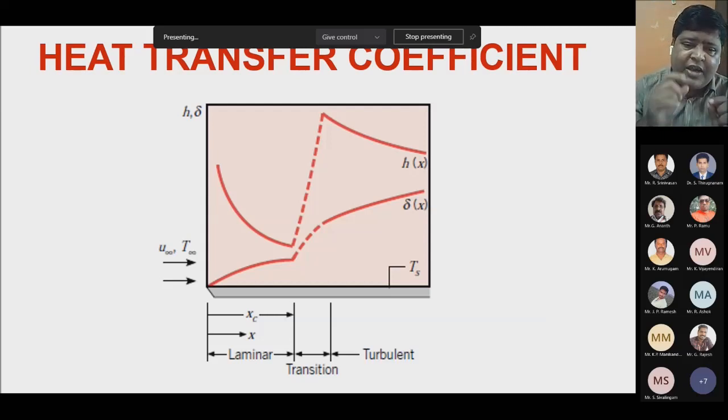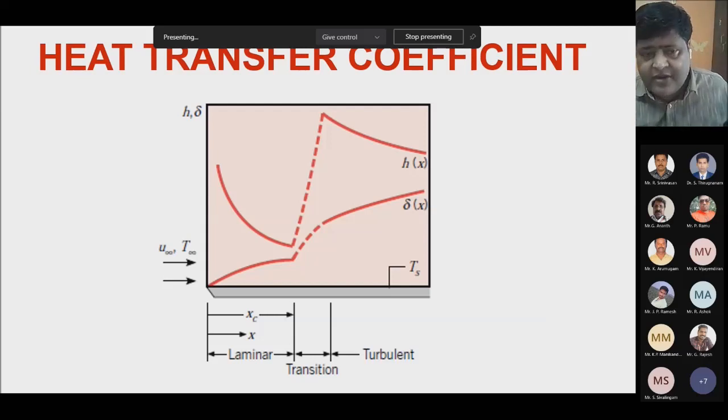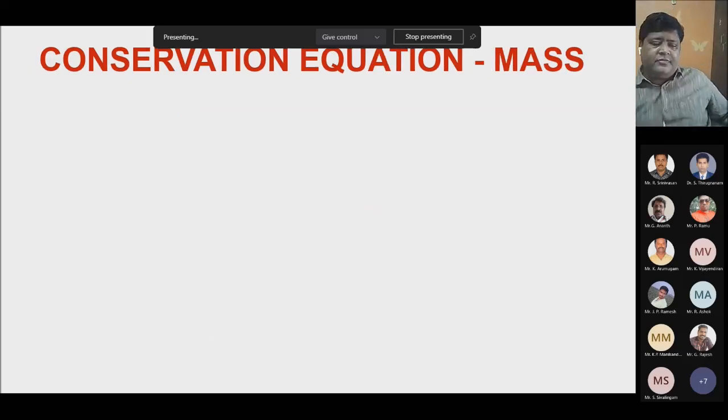If you want Q for the entire plate, it is the total heat transfer, and in that case h should be the average heat transfer coefficient. If you want Q only for a particular length of the plate, say the plate length is 5 meter and you want only 1 meter, then Q is the local heat transfer rate, and h should also be local. So that is the point we have to understand from this graph of the heat transfer coefficient.